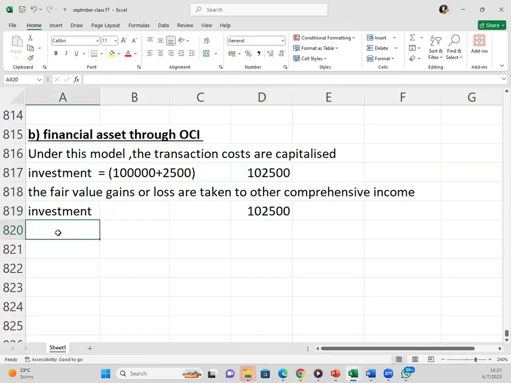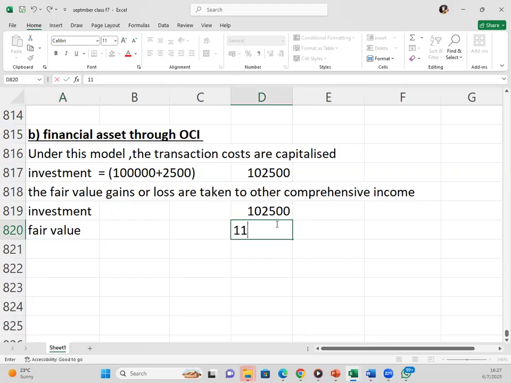Then the fair value at the end of the period. The fair value is now risen to 115. So the fair value gain, we are not comparing with the 100,000, but with the initial 102 we recorded.